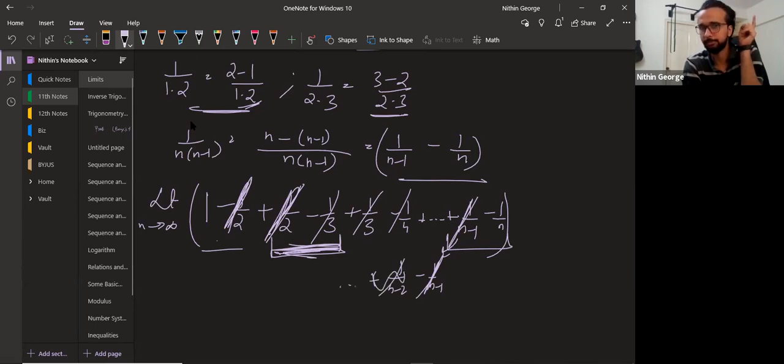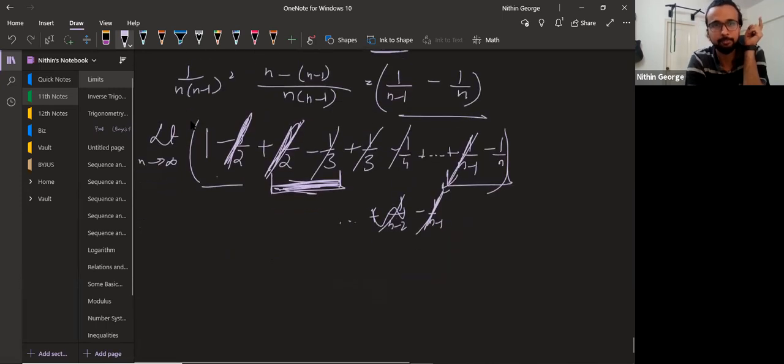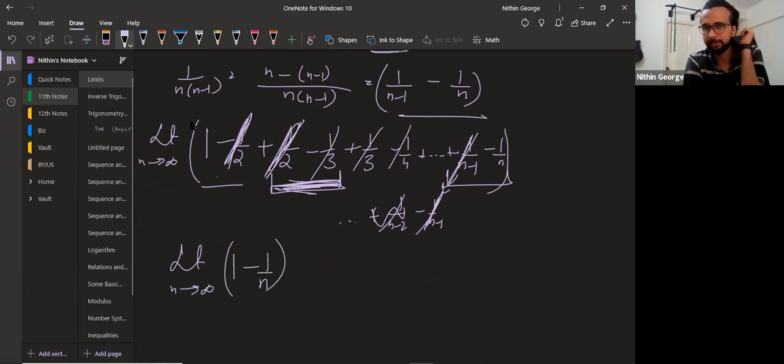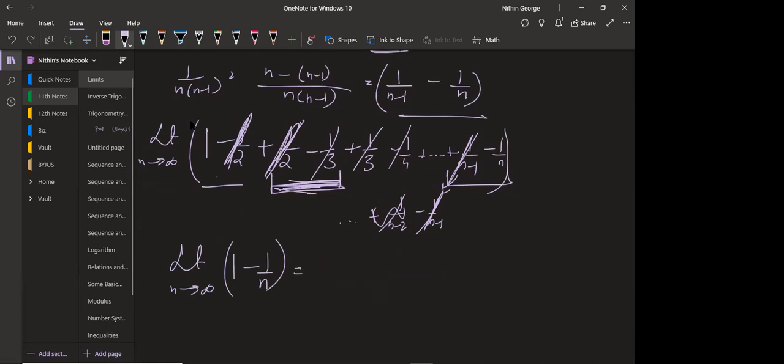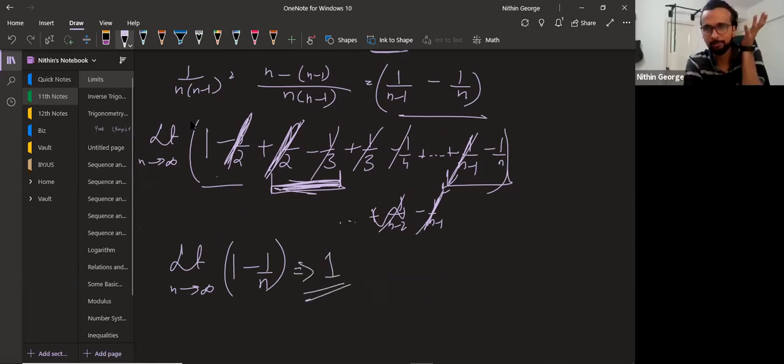So all these terms simply cancel out, and what I'm left with is nothing but limit n tends to infinity 1 minus 1 by n. You getting this? So then what does this become? 1 by n, which is 1 by a huge value, is close to 0. So I'm just left with 1 minus 0, which is nothing but 1 here.